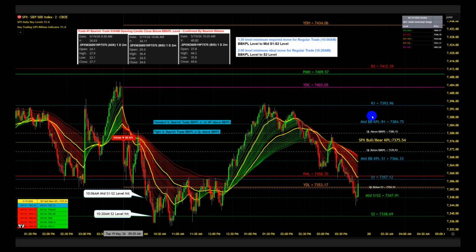Then the balance of those 15 to 20% of sessions will see sessions that go above R3 all the way to R6, or below S3 all the way to S6.